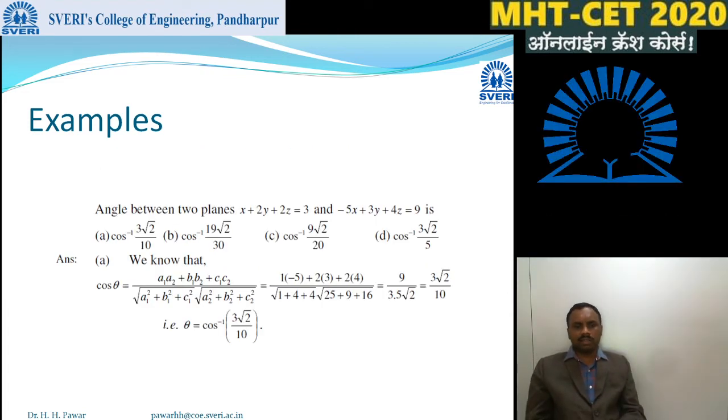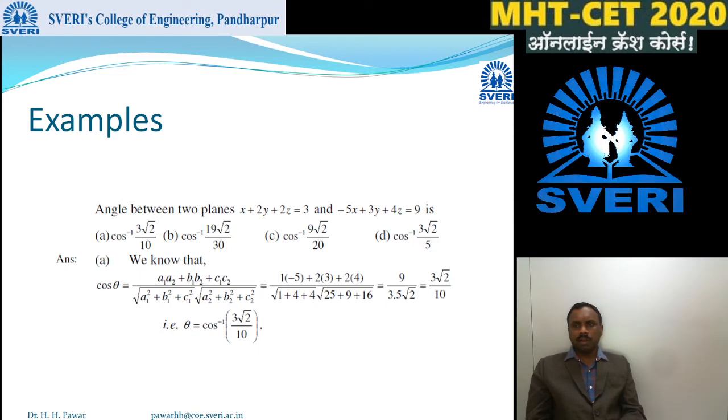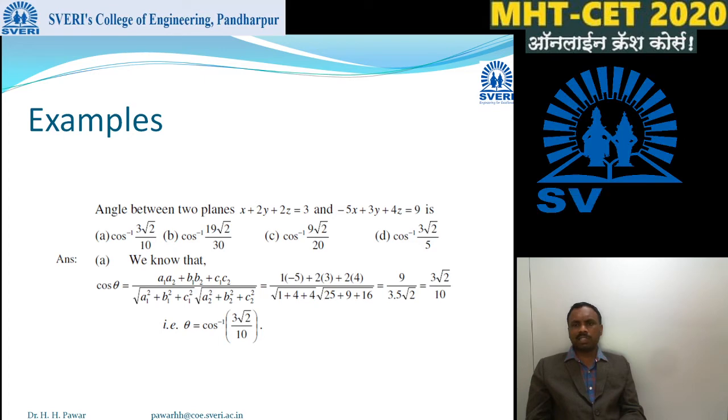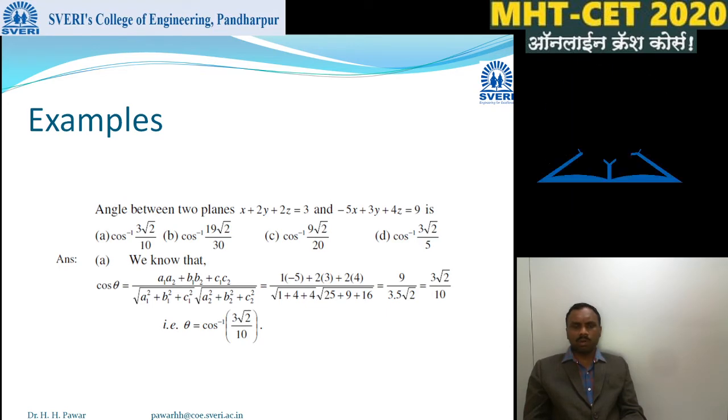Next one, the angle between two planes x plus 2y plus 2z equal to 3 and minus 5x plus 3y plus 4z equal to 9 is: first option is cos inverse 3 root 2 divided by 10, second one is cos inverse 19 root 2 upon 13, third one is cos inverse 9 root 2 upon 20, and fourth one is cos inverse 3 root 2 upon 5.